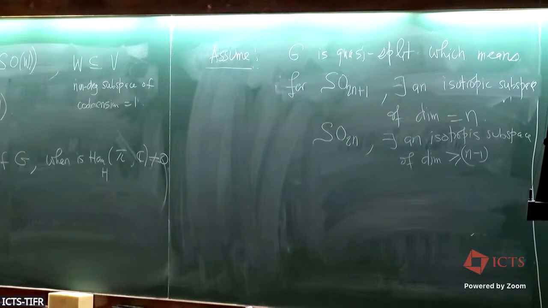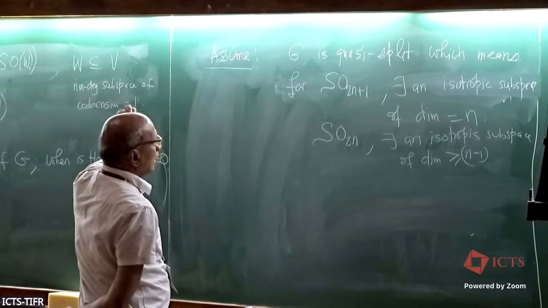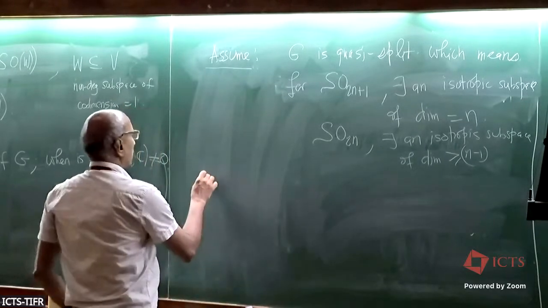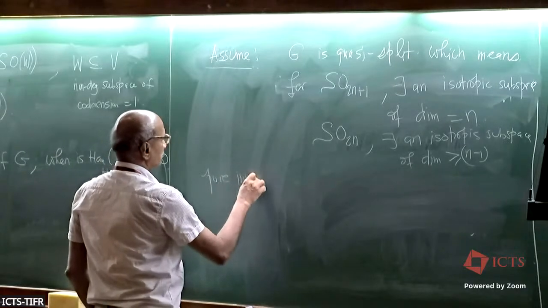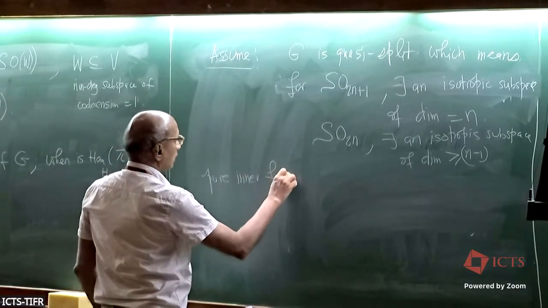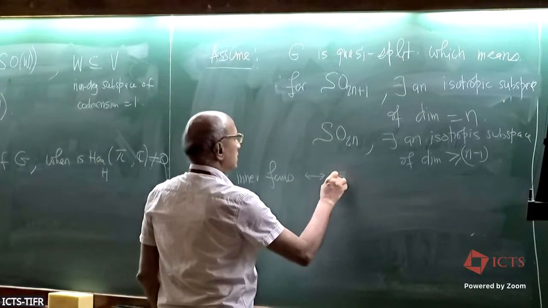So if it is n, then it is called split. If it is n minus 1, it is quasi-split but not split. So we will assume this. So to say, this is the base point. And okay, so here pure inner forms correspond to the same discriminant.